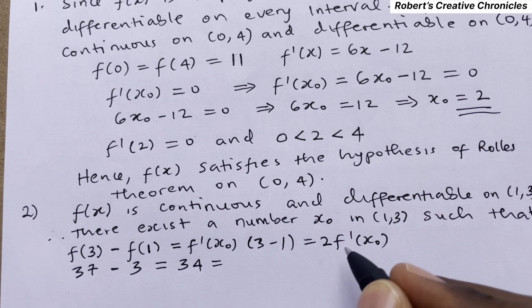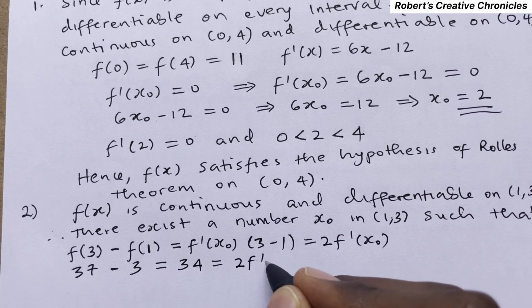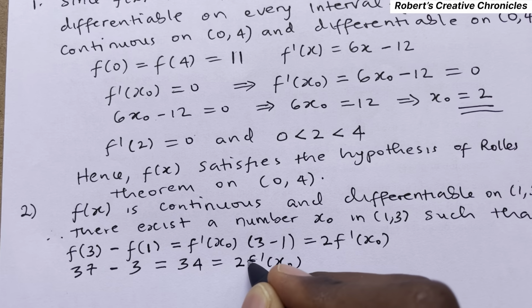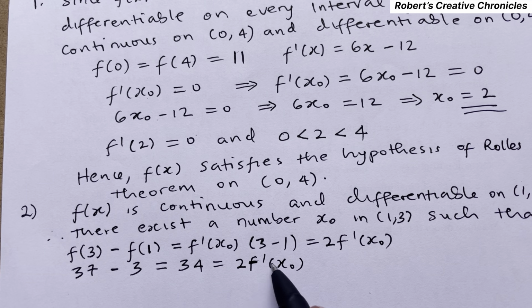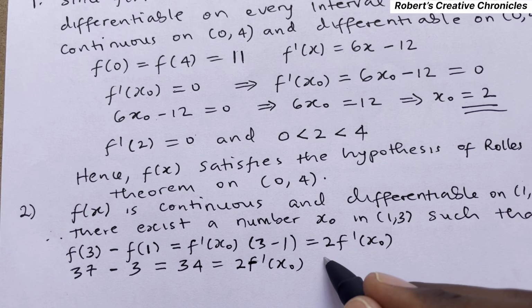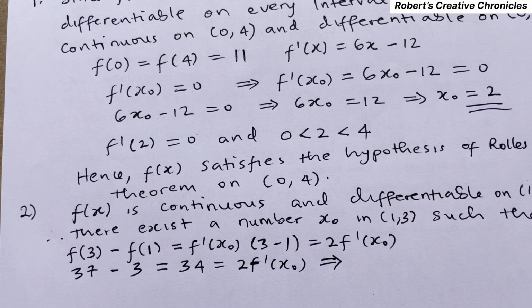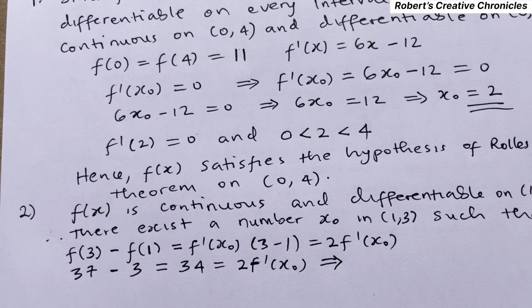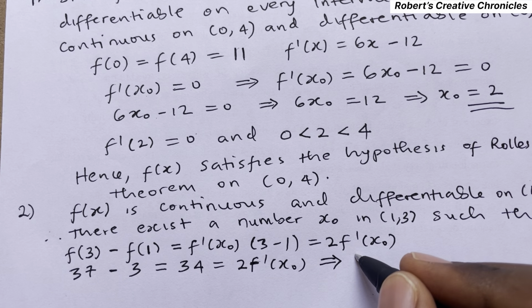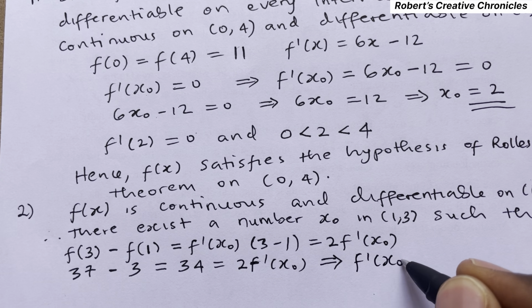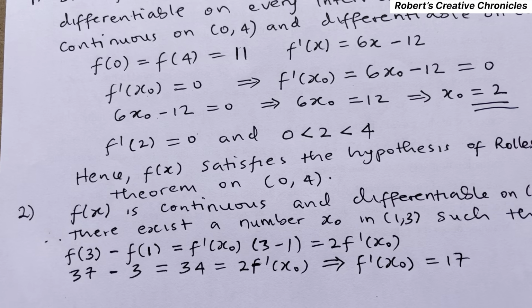So this is equal to 2 f prime x0. Now we can divide both sides by 2. This becomes 34 divided by 2, which is 17. So we can say that f prime x0 is equal to 17.